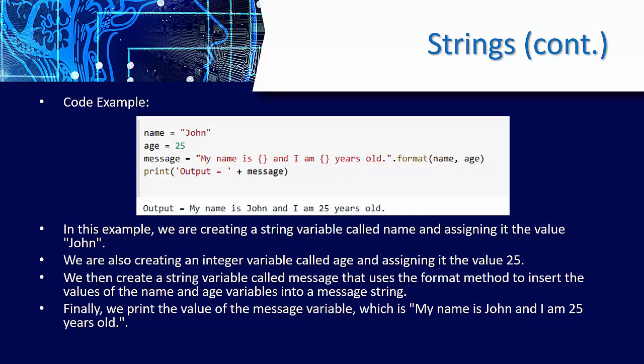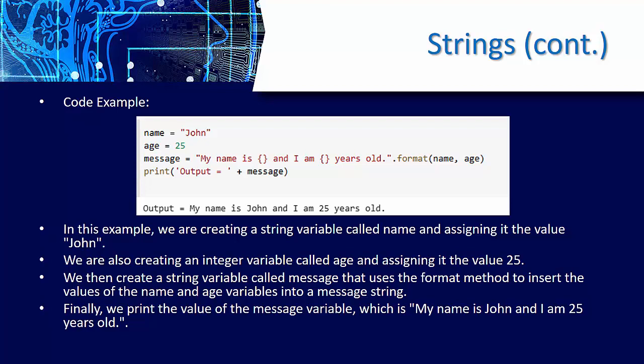Okay, another code example. In this example, we are creating a string variable called name and assigning it the value John. We are also creating an integer variable called age and assigning it the value 25.